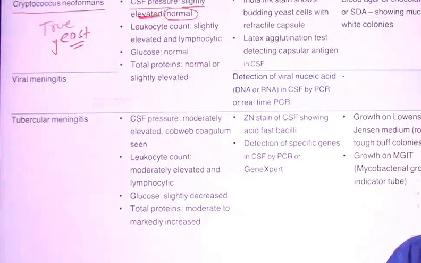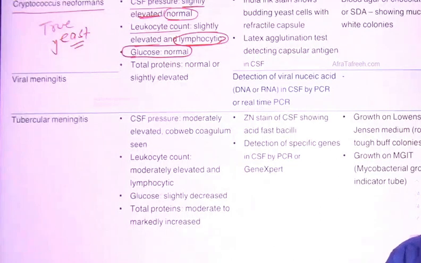The leukocyte count is slightly elevated, and mainly it is lymphocytic. The glucose remains normal, and the total proteins are normal or slightly elevated.